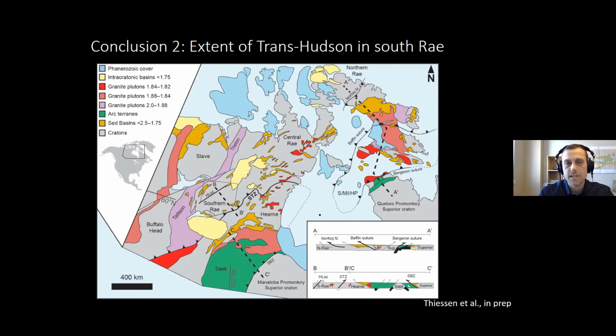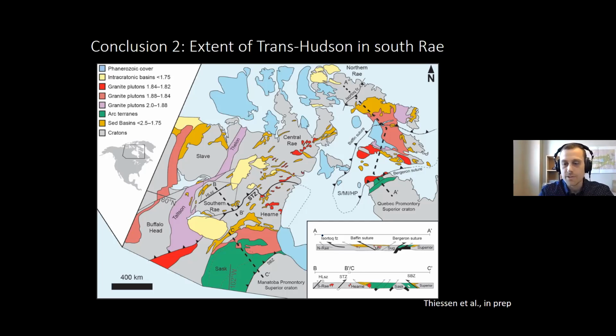And I think it's interesting now that we're able to show in the southern part of this, where we have this Manitoba promontory or indenter, if you want to call it that, we're now seeing the bona fide effects of the Trans-Hudson orogen well into the South Rae Craton and possibly almost brushing up against the Taltson orogen. And it's just interesting to point out this is much more symmetrical than was previously known. We used to think that the Trans-Hudson effects stopped at the Snowbird tectonic zone in the East Rae margin, but we know that it affected the South Rae crust quite extensively.